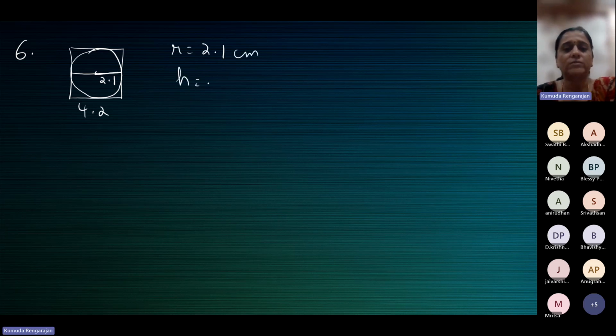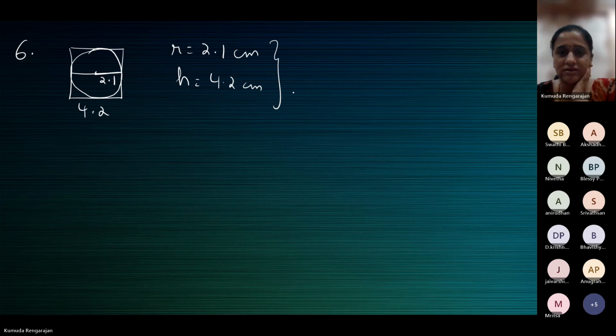The height of the cone will be the height of the cube. What's the height of the cube? 4.2 centimeters, not 2.1. Length, breadth, height of the cube is 4.2. So a cone with these values is the biggest cone that can be drilled from this cube.